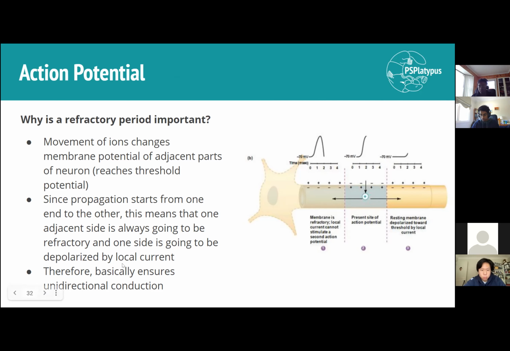So it essentially ensures unidirectional conduction. However, if you had a stimulus in the center of a neuron producing a depolarizing current, it would cause bidirectional flow, but that doesn't happen because neurons are connected from end to end.